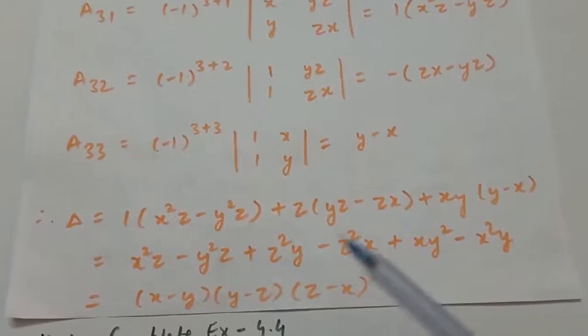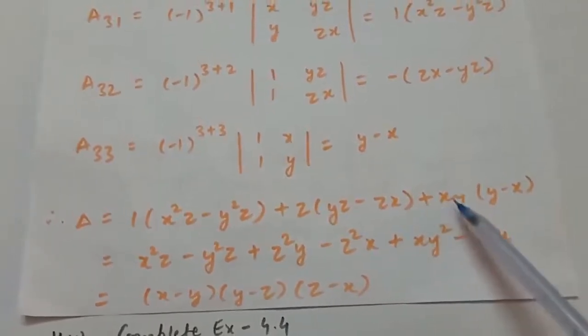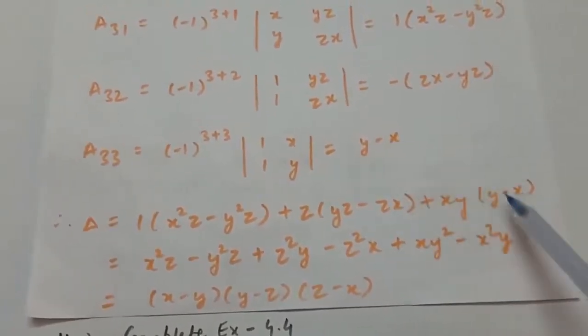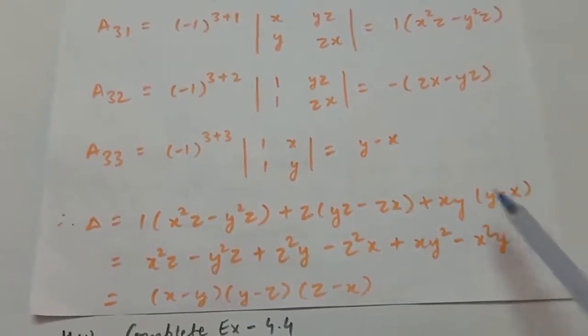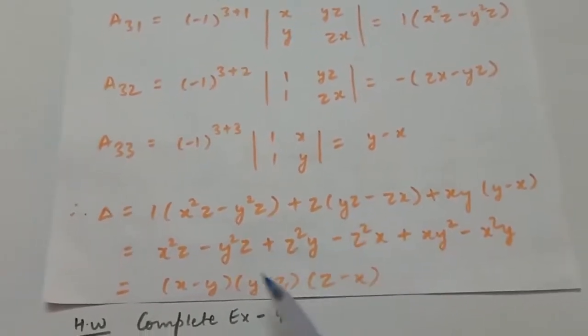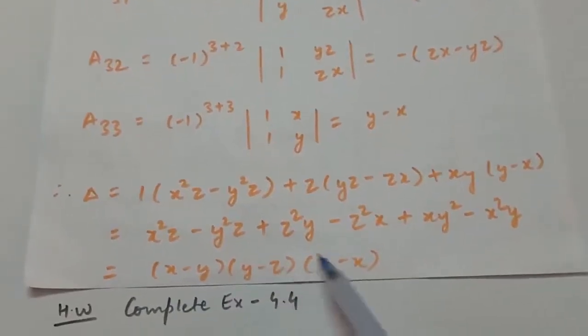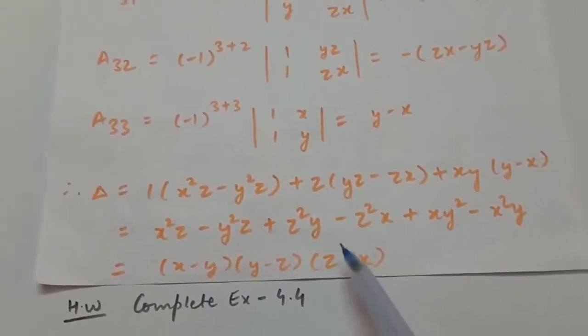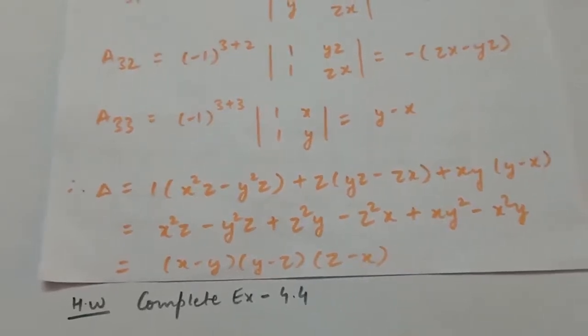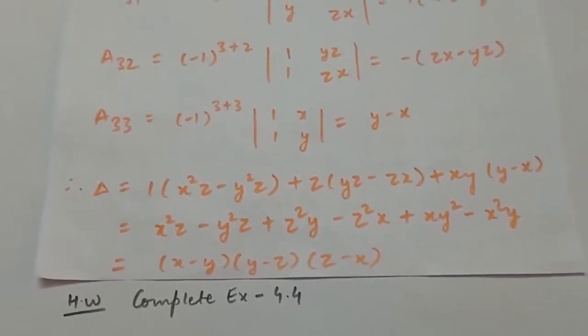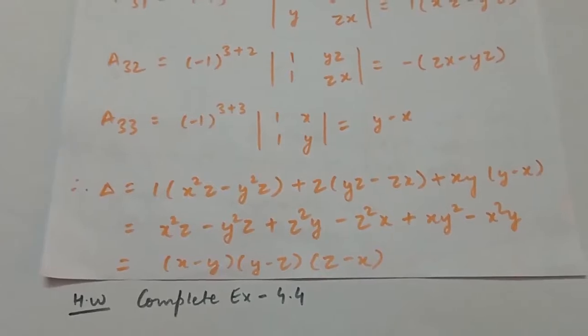So you will get yz minus zx, plus xy into this cofactor, which is y minus x. And when you solve it, you will get the value as x minus y into y minus z into z minus x, right? So your today's homework is that you have to complete exercise 4.4. Okay, thank you.